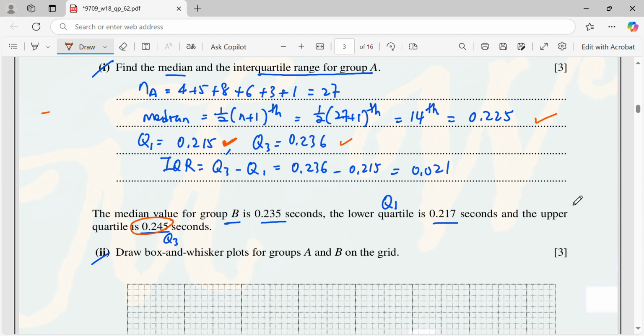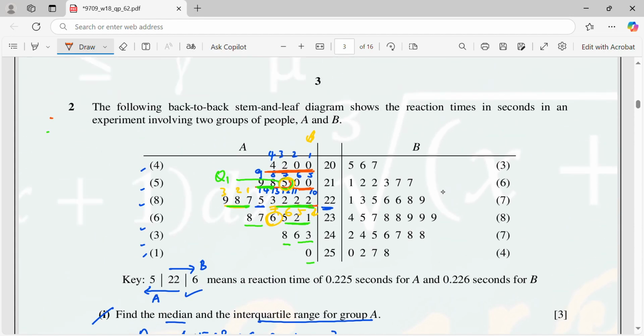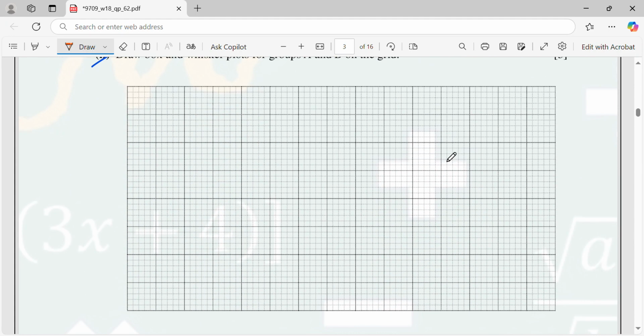And then I need to check the Q3, not the greatest value. Q1 is 0.215, and then the lowest value 0.20, and then the greatest 0.258. So I need to start my labeling from 0.2 up to 0.260 to include the least and greatest values.